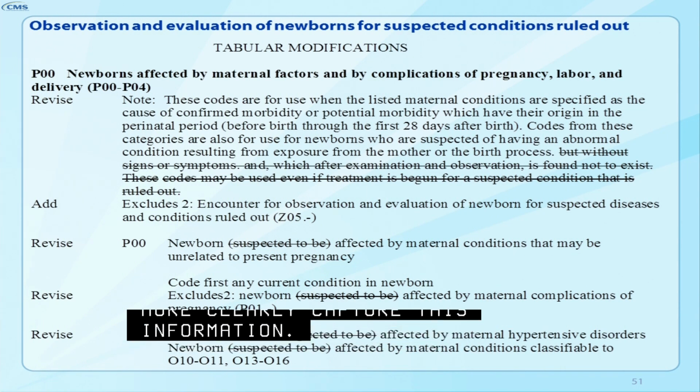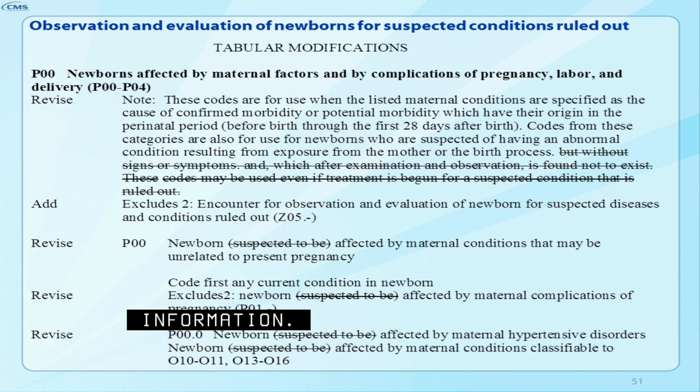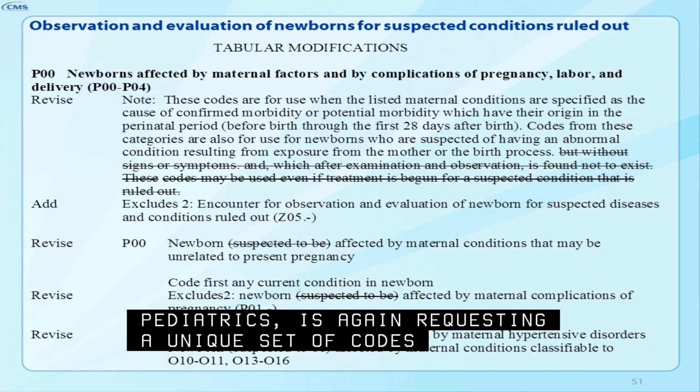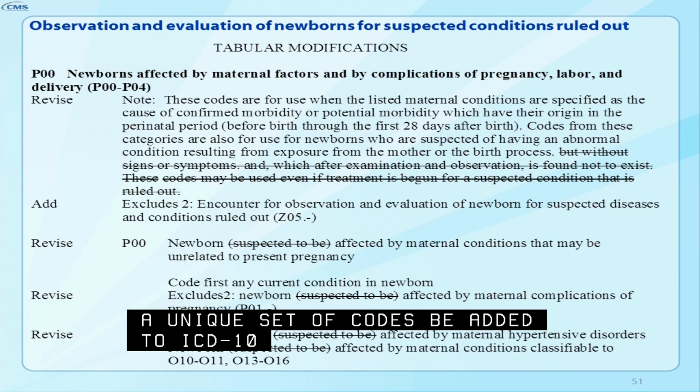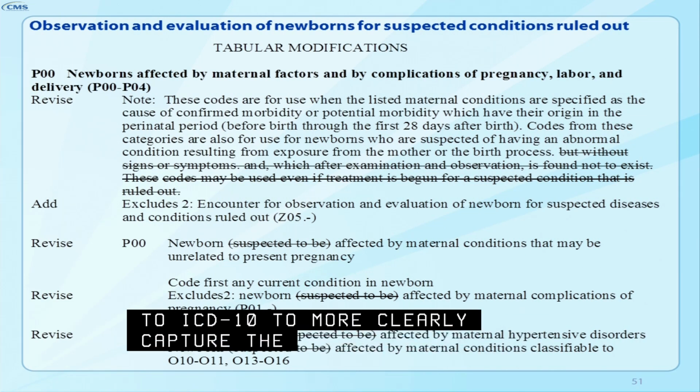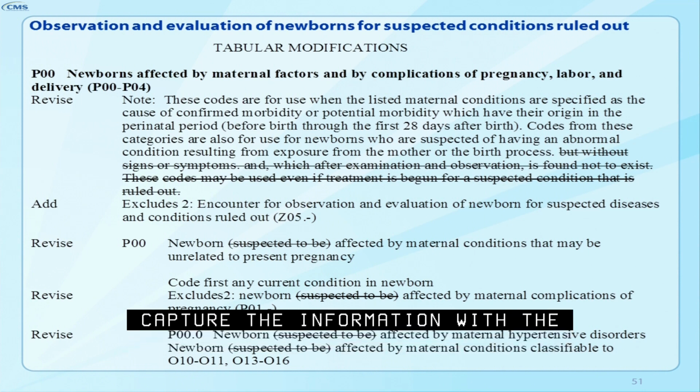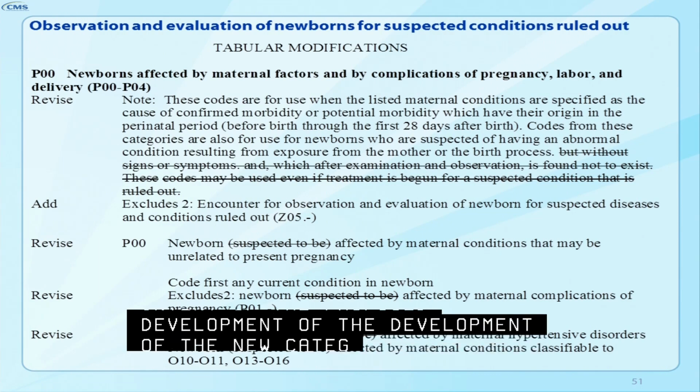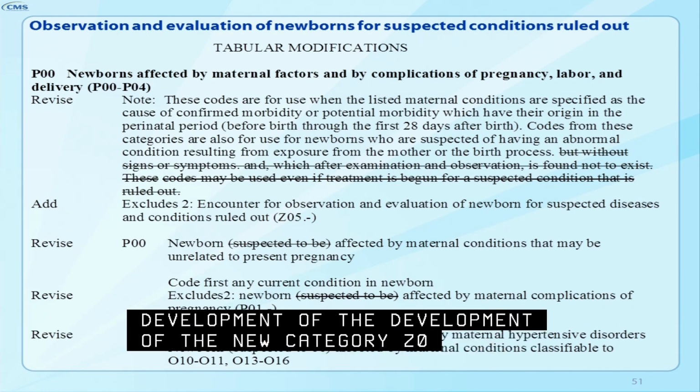AAP is again requesting that a unique set of codes be added to ICD-10 to more clearly capture the information, hence the proposed development of the new code category Z05, Encounter for Observation and Evaluation of Newborn for Suspected Diseases and Conditions Ruled Out.